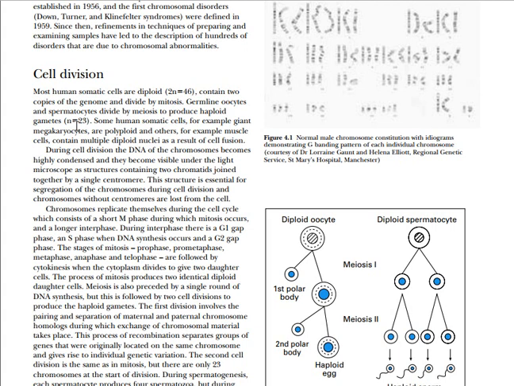Now, division by mitosis is going to produce the same number of chromosomes. The same number of chromosomes are going to be found in the mother and the daughter cell. Is it clear? While in meiosis you are going to have half the number of chromosomes in the daughter cell compared to the mother cell.